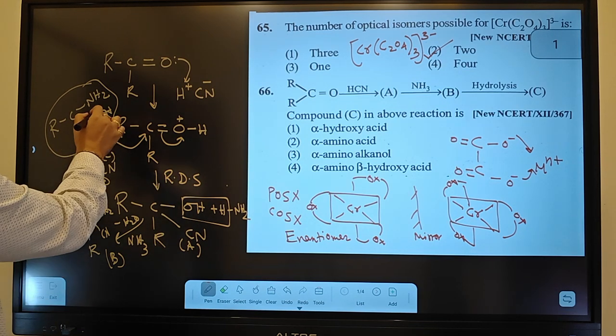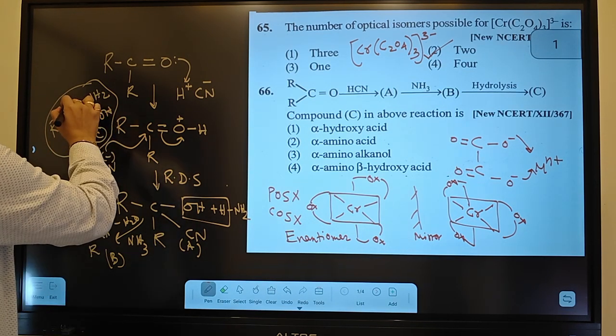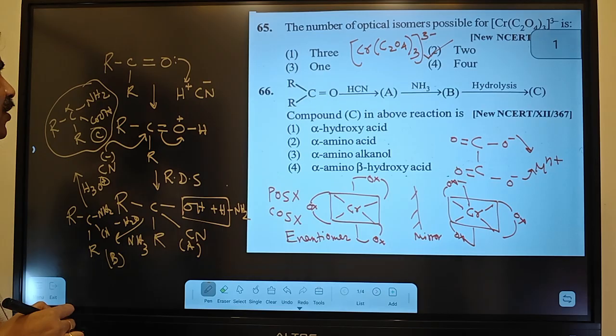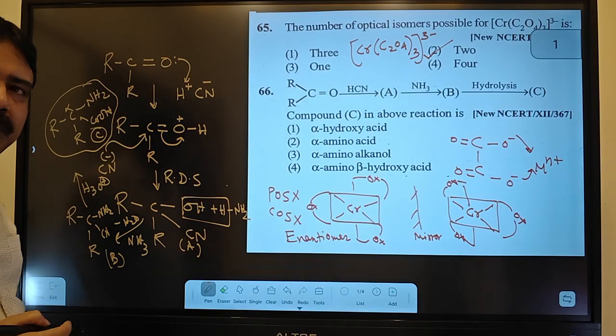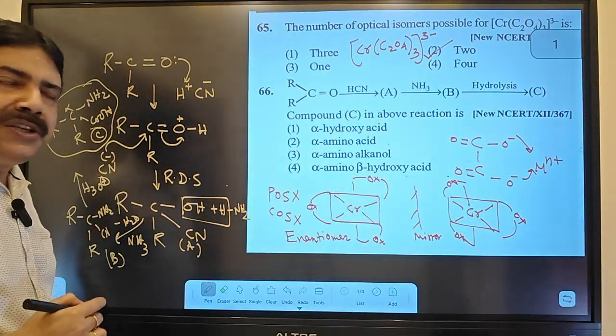If you look with respect to carboxylic acid, the main functional group, this carbon is an alpha carbon. With the alpha carbon attached is the NH2 group, which is nothing but an amino group. Also the acid group is there, and at the alpha position the amino group is there. That's why it is called an alpha amino acid.